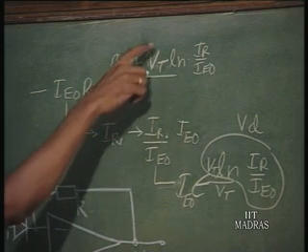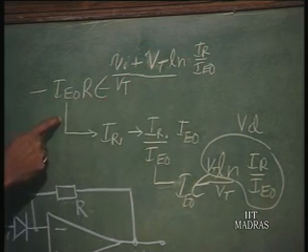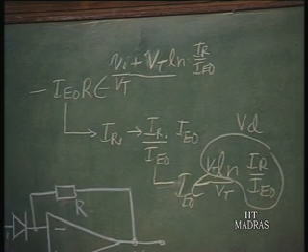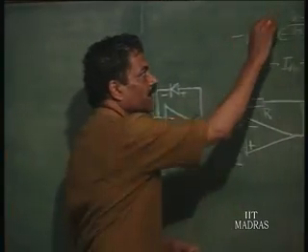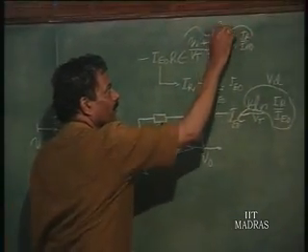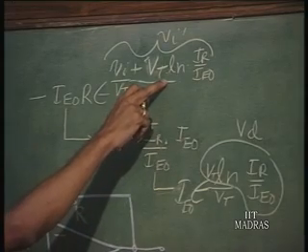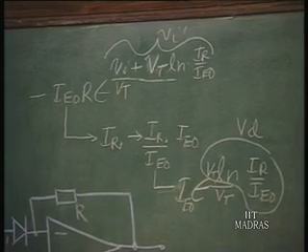So, this Vt cancels with this Vt, and this factor IR by IE naught here comes, and this whole thing will be IR into R exponent Vi by Vt. So, that is what we are doing here. Vi prime should be Vi plus the voltage across a diode whose current is IR, and this arrangement gives you that.